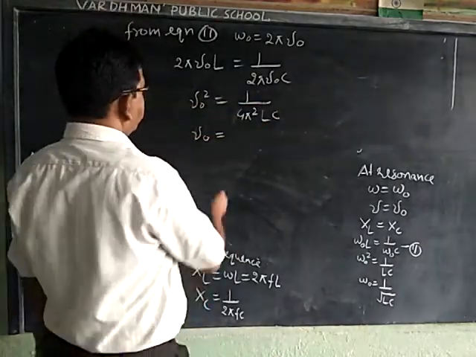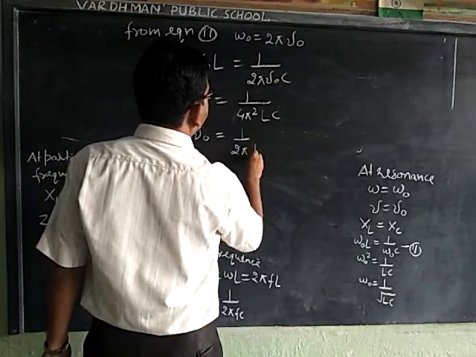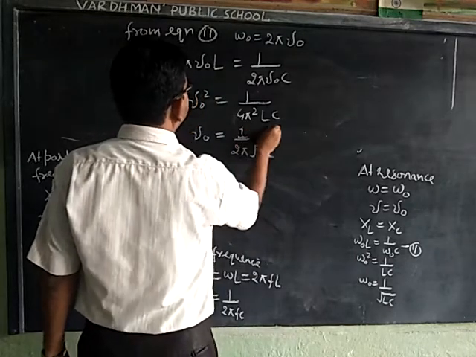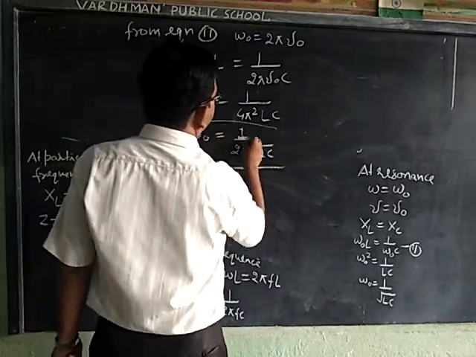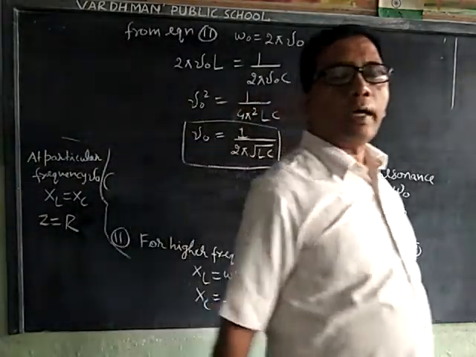That is, nu 0 is equal to 1 upon 2 pi square root of LC.